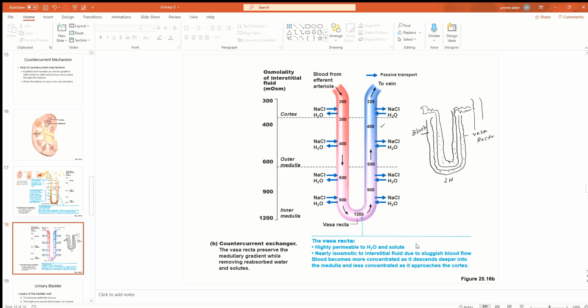Now let's see. We all know that from the descending limb, who gets out? The water. Remember, only water. So water gets out to just the outside of the tubule of the loop of Henle and accumulates here.